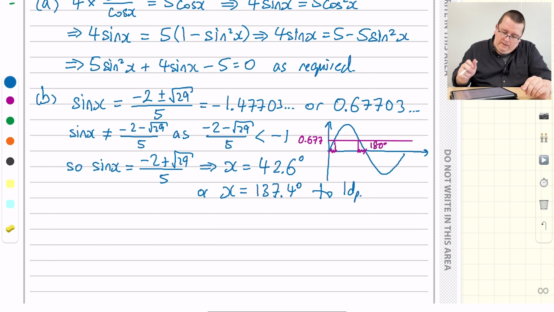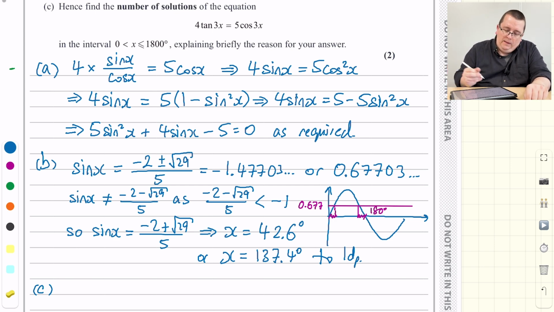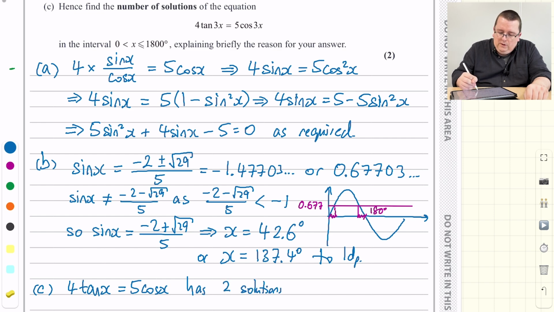Okay, so part C. Hence find the number of solutions in bold of the equation 4 tan 3x equals 5 cosine 3x in the interval 0 to 1800 degrees, explaining briefly the reason for your answer. So 4 tan x equals 5 cosine x has two solutions between 0 and 360.